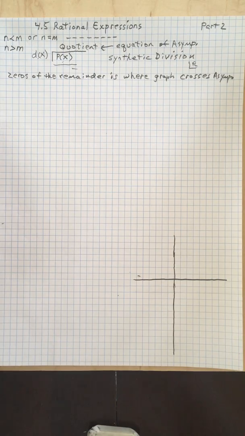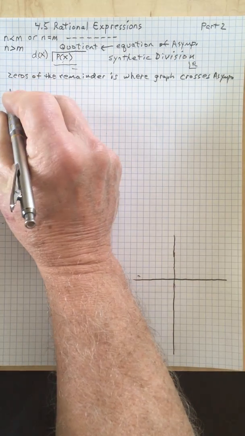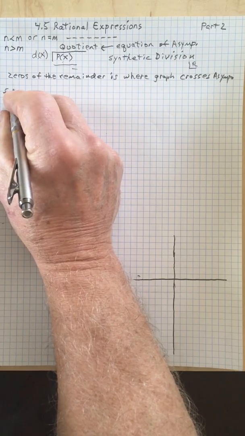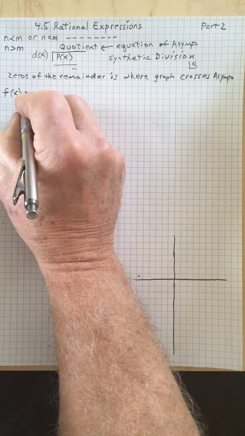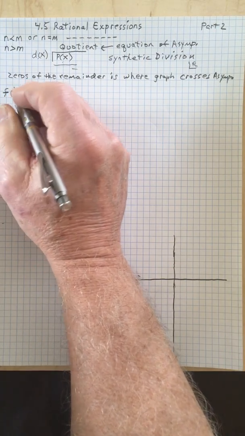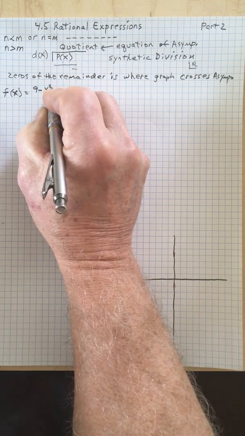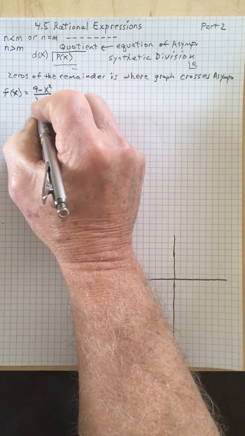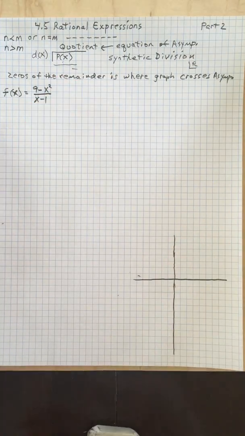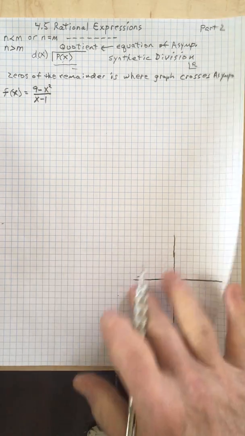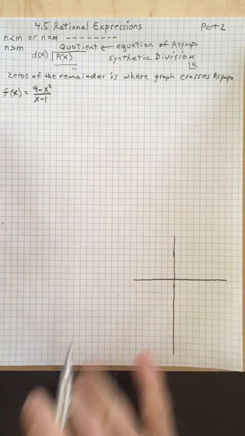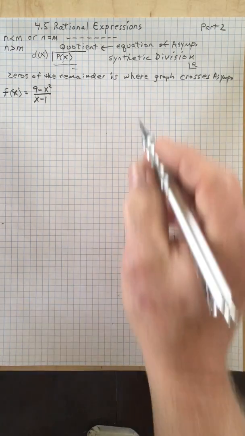All right, so let's try one. What do we have here? 9 minus x squared over x minus 1. Let's go through some of the other stuff we've done, and we'll try to do a little more on this graph than just put in the asymptotes.